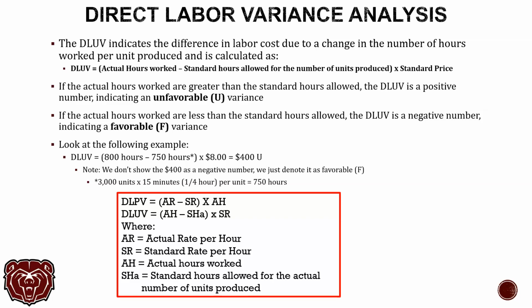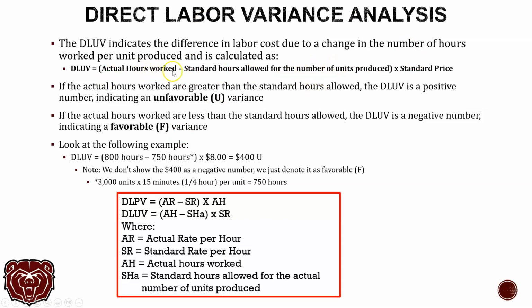When we do that, we find that by taking the actual hours worked less the standard hours allowed for the number of units produced. So if it takes a quarter of an hour to produce 1 unit and we actually produce 3,000 units, that is what our standard hours allowed for the number of units produced will be.